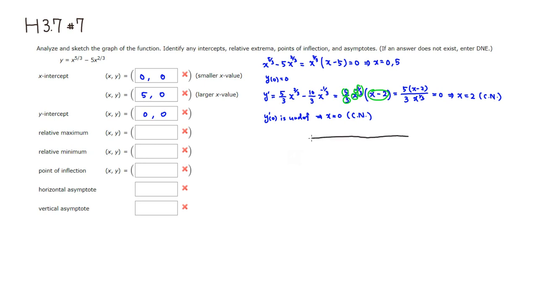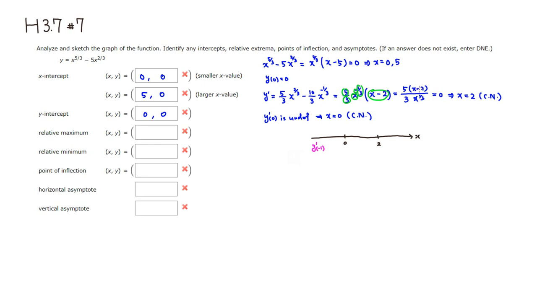Here is a number line for x, and the critical numbers are 0 and 2. Then we check the sign of y prime, say at negative 1.